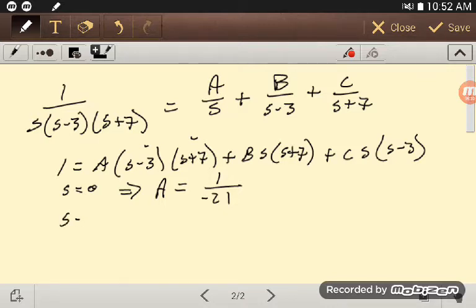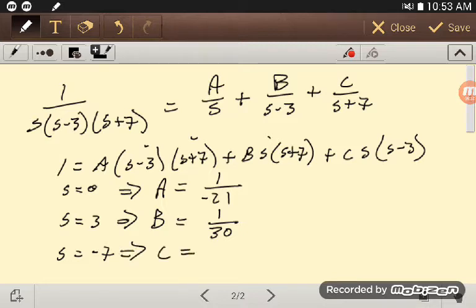Then if I let s equal 3, that implies b is equal to 1 over, I get 3 times 10, so that's 30. And s equals negative 7 implies c is equal to 1 over, well, let's see, I got a negative 7 there and a negative 10 here, so positive 70.